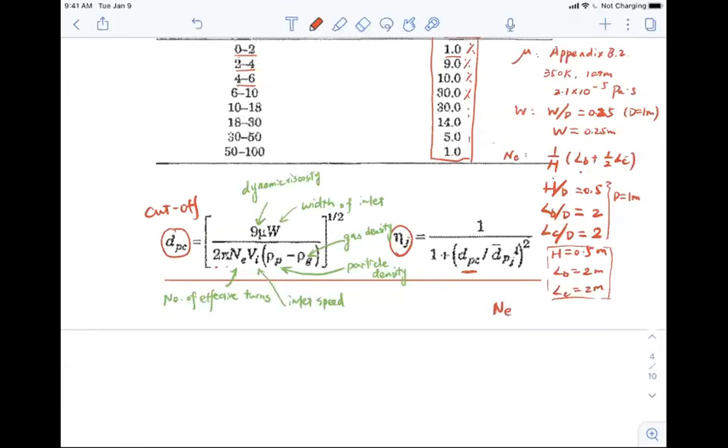NE is equal to 1 over 0.5 times LB, that's 2, plus 1 over 2 of LC, that's also 2. So that's basically 1 over 0.5 multiplied by 3, which is equal to 6. So the number of effective turns that the air makes in the system is 6 turns, right?